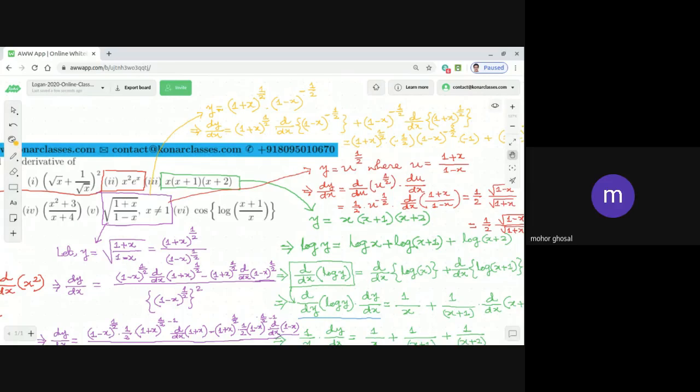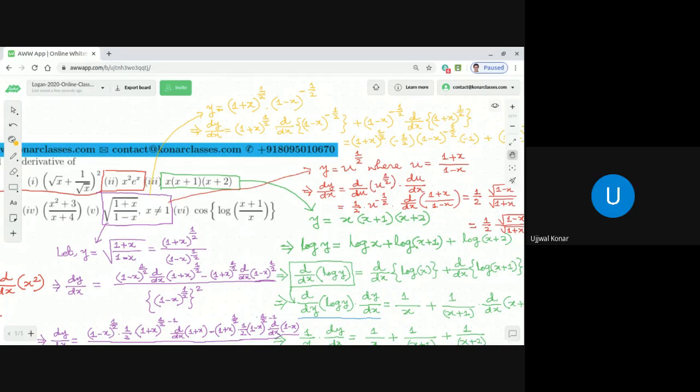And you can also try logarithm. In fact, logarithm is another approach. Take y is equal to ((1 plus x) by (1 minus x)) power 1 by 2. Then take log y, so it is 1 by 2 log of (1 plus x) by (1 minus x). That is also another approach. You got my point, what I'm talking about?